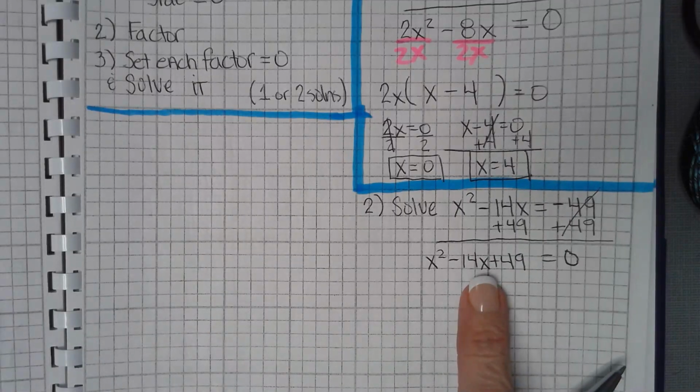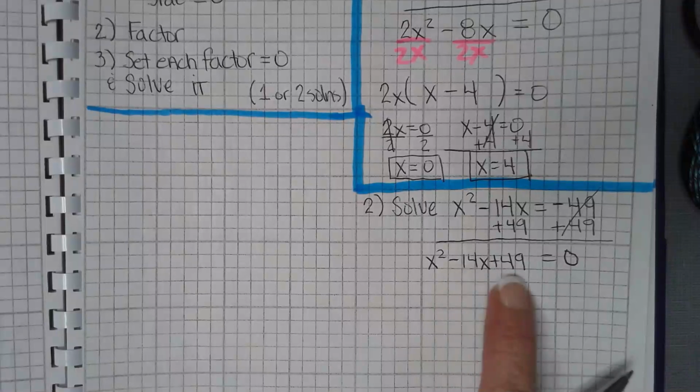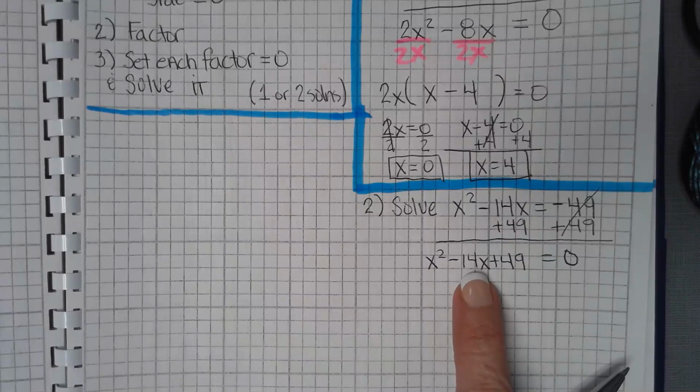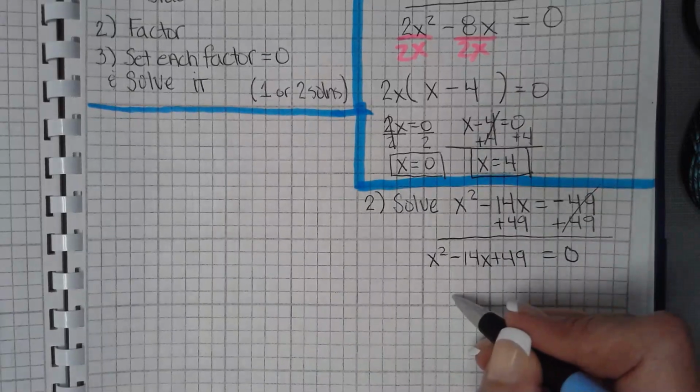Trinomials. How many terms do I have? 3. Trinomials. Now, y'all, you always want to try to pull out a greatest common factor here. So take a quick look. Is there a greatest common factor here? There's no greatest common factor. So we're doing trinomials.